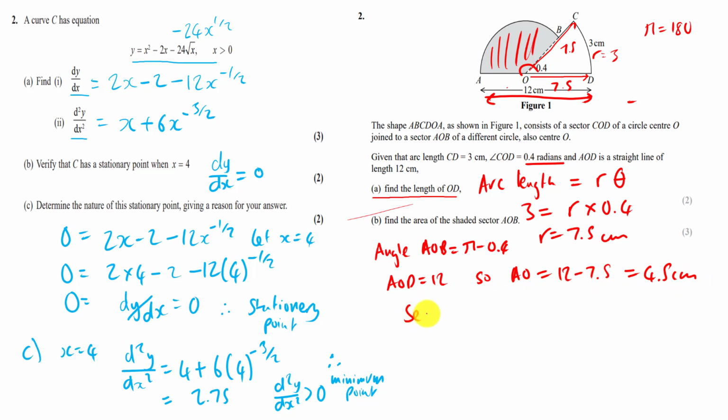Now the sector area. Normally the area of a sector of a circle is the angle over 360. But in this case we have it in radians, so it's theta over 2 r squared.